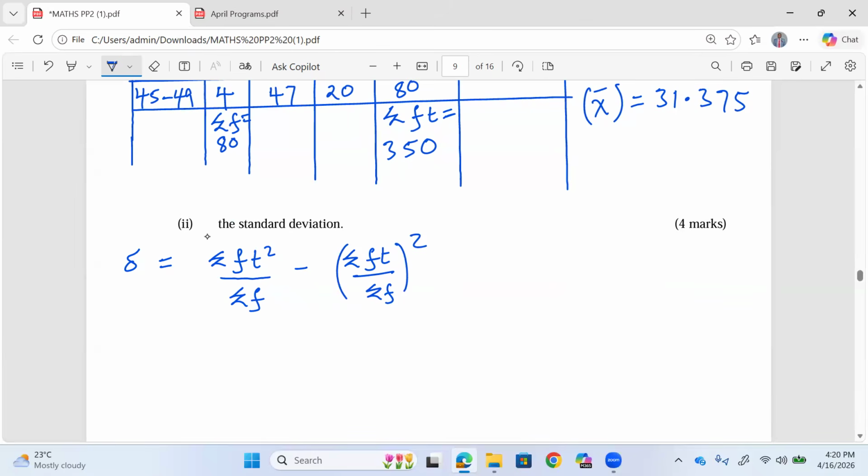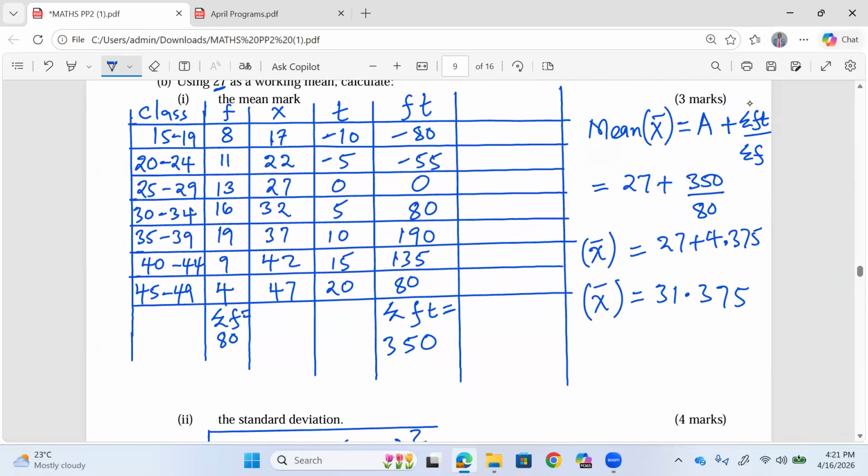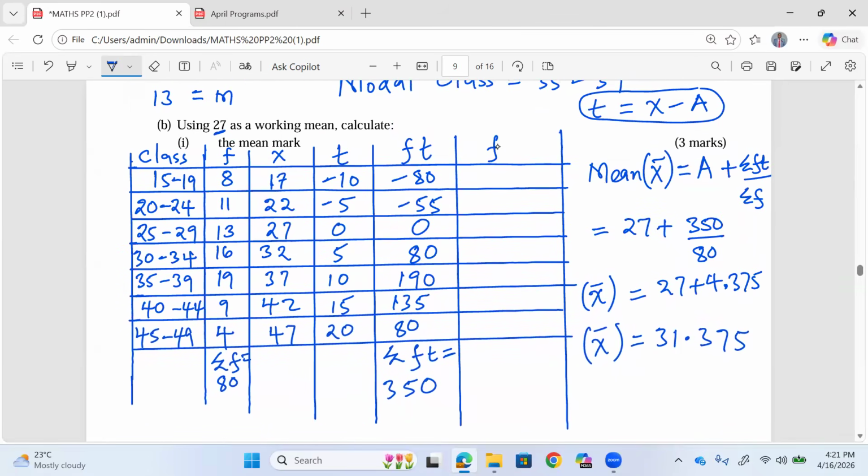Then we take the square root of everything. So this is now the formula that we're going to apply. When you look at our table, we have already worked out ft. So we need now ft squared.